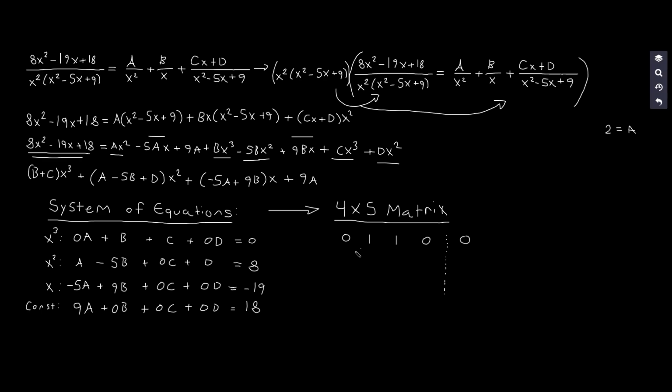And then it's going to go 1, negative 5, 0, 1, 8. Then it's going to go negative 5, 9, 0, 0, negative 19. Then 9, 0, 0, 0, 18. And so that's how you'd write this as a 4 by 5 matrix.